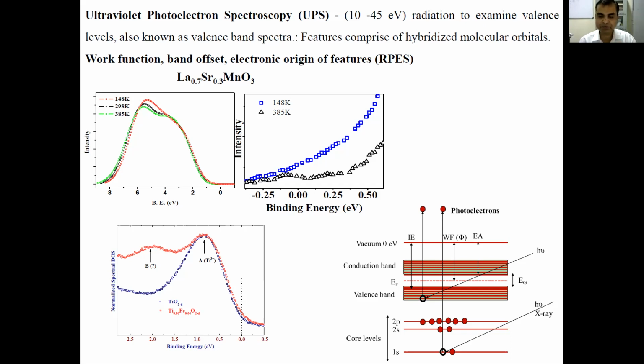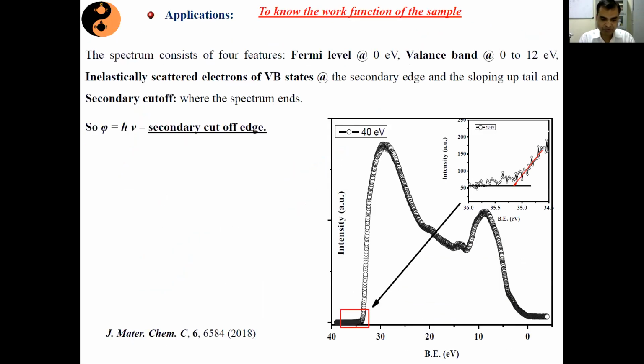How do we get that work function information? You record your valence band spectra at very low photon energy and record the binding energy of all the emitted electrons. So what is the work function? The work function is nothing but the minimum energy required to eject the free electron available at the surface.